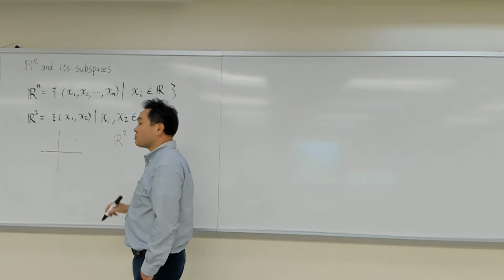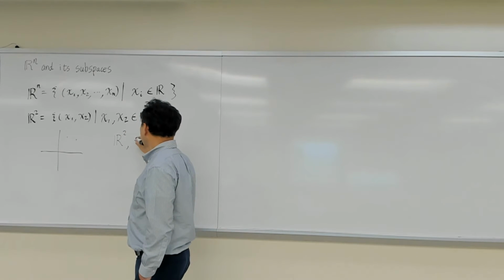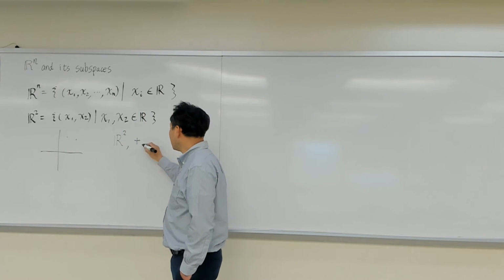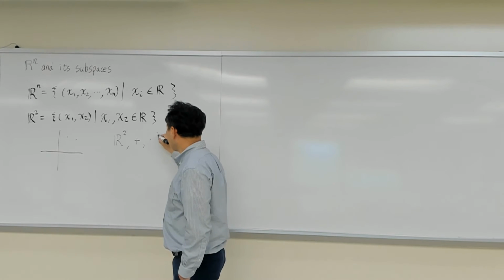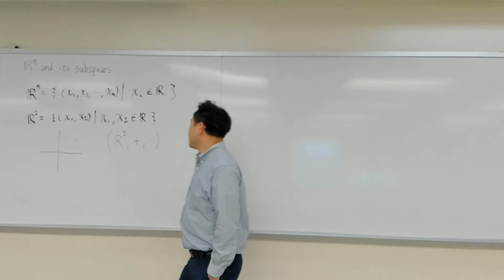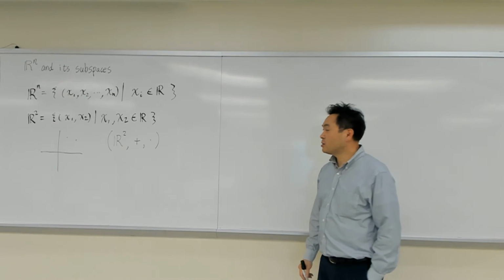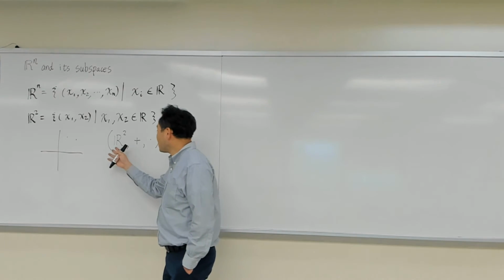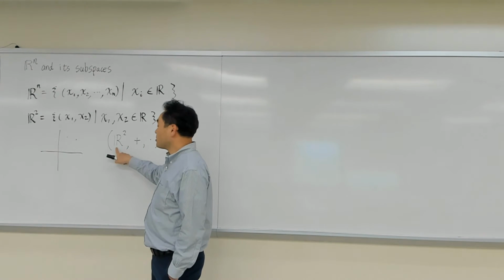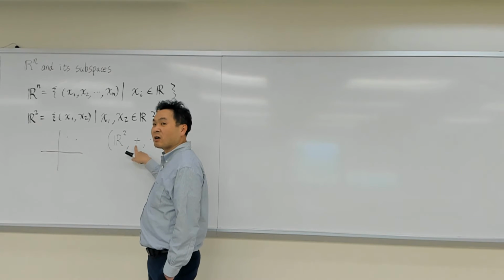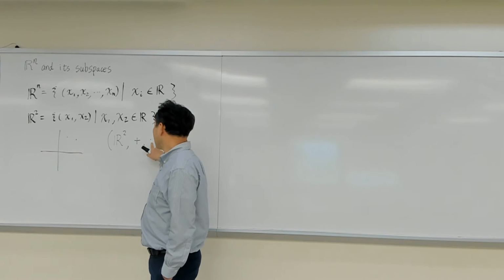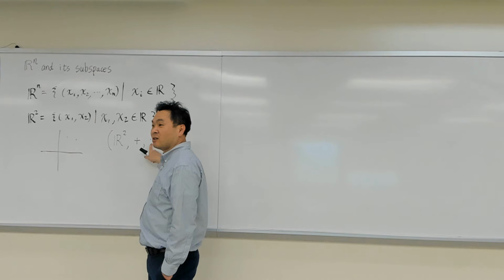So we're talking about R2 with vector addition and scalar multiplication. And we put a parenthesis on to say that we have the set of points in the plane, and we are allowed to add 2 points, and we are allowed to multiply a real number to that point.